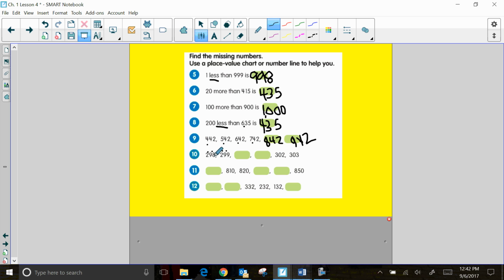However, I notice 98, 99, we have to go to the next 100. We've been counting by ones. So we have 300. And then 300 plus 1 is 301.